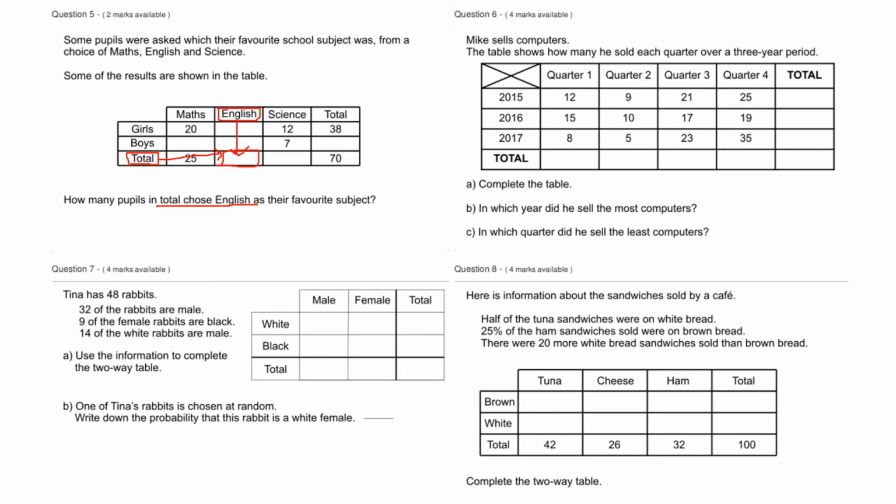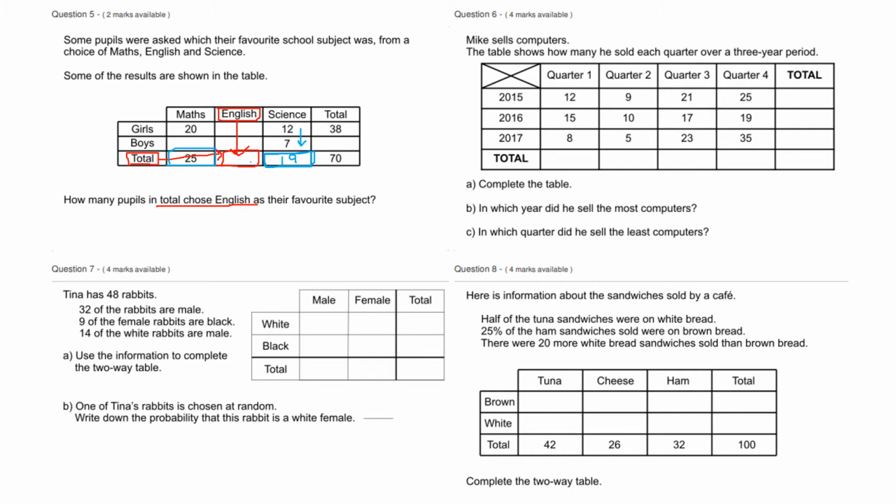So, for example, if we could work out this one here, which I'll do in blue, then we know that 25 plus this science one plus the English one would have to equal 70. And we can work out that science total because it's these two added together. Okay, so you can fill that one in.